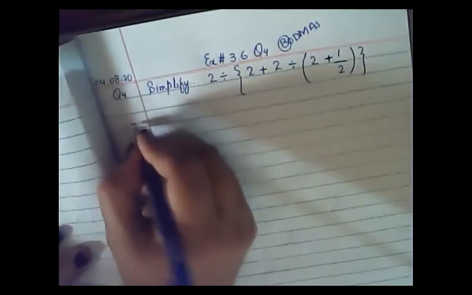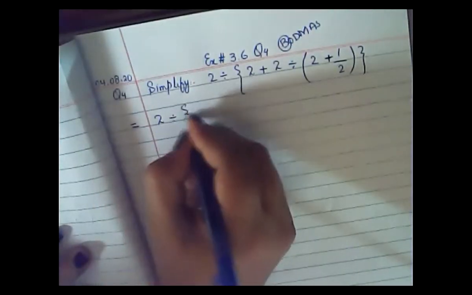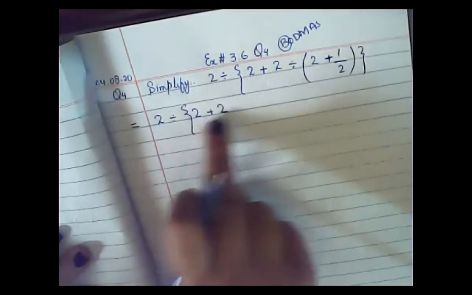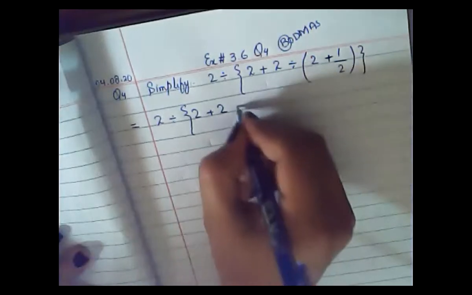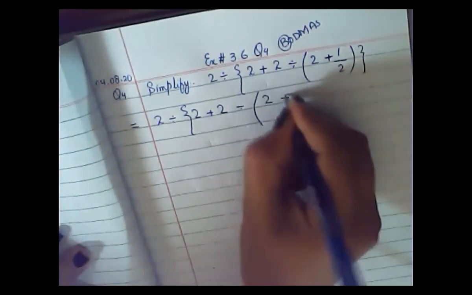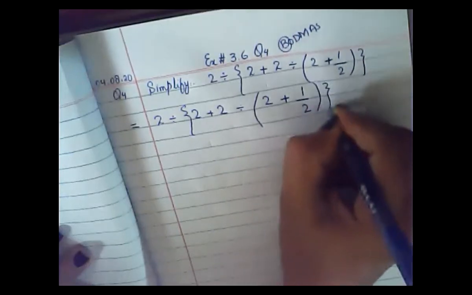First of all, I'm going to write it down in steps: 2 divided by curly bracket. Please do not solve anything. Then divided by round bracket 2 plus 1 upon 2 round bracket and then curly bracket.